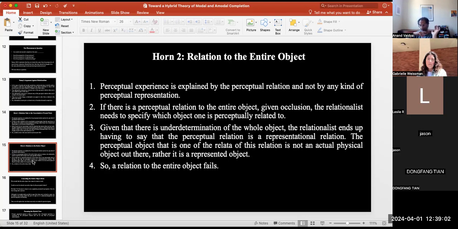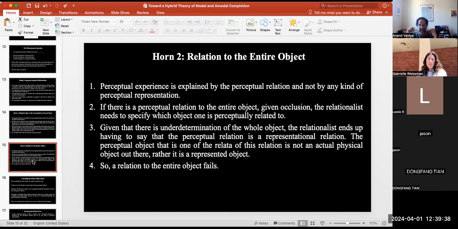So this argument is kind of the converse problem. What's going on is they want to say that the relationalist says you're actually related to the whole cat. Okay, they don't tell you exactly how you're related to the whole cat. But then the problem is that if you are related to the whole cat, but you're not seeing the whole cat, then the whole cat is underdetermined. It's underdetermined what is the whole cat. And so how do you know which is the whole cat and what constitutes being related to the whole cat?